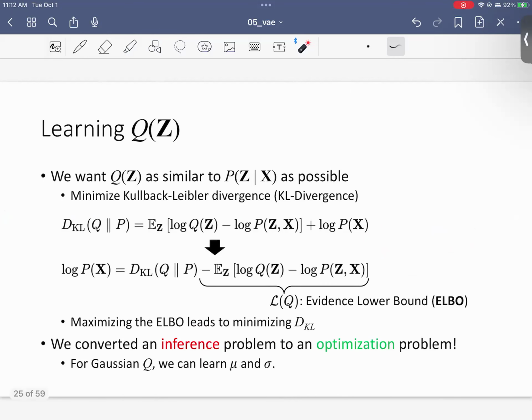So what we've done is convert an inference problem. This is not inference as in ChatGPT inference. That is not what we're talking about. The inference problem is the Bayesian principle.